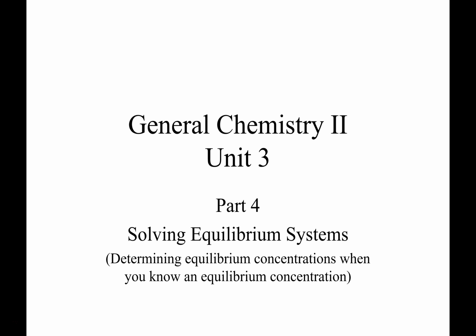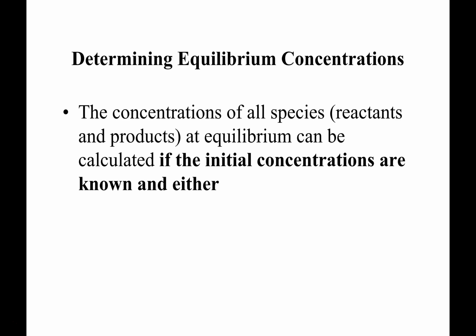So we've been talking about equilibrium constant expressions, and there are some other problems you need to know. One of them is solving the equilibrium constant expression. You need to know the initial concentrations of all the species involved, the reactants and the products, and then one other piece of information, which breaks out into two different problems.